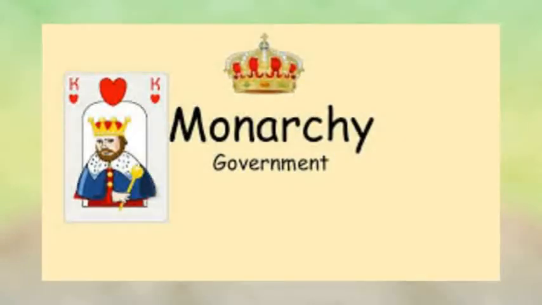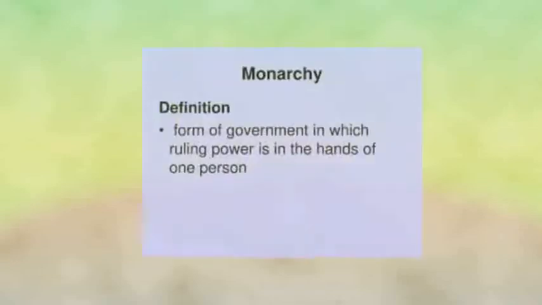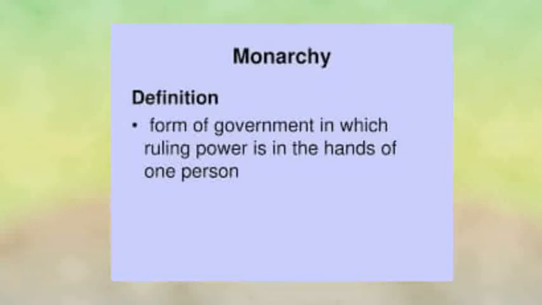We move forward to understand another form of government, that is monarchy, which means the rule of one, or we can say rule by one person only. Monarchy is the form of government in which ruling power is in the hands of one person only, and that one person is called monarch.